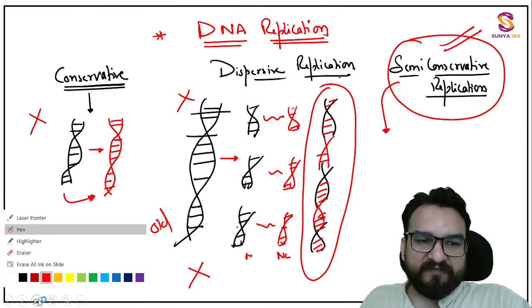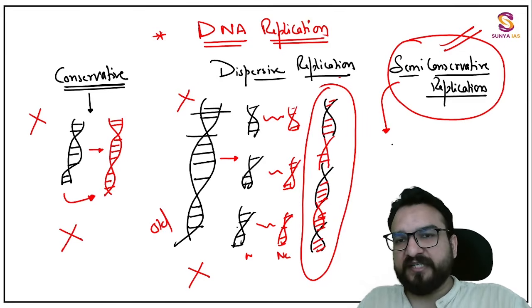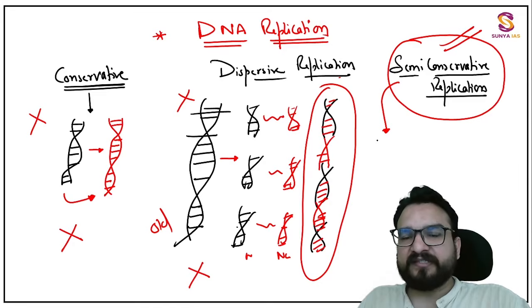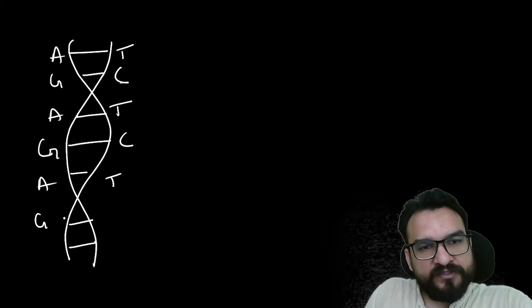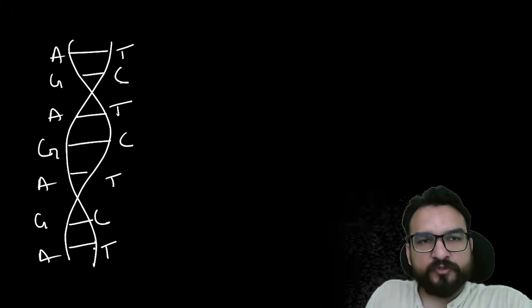What is semi-conservative? Let me explain. For example, this is your DNA over here. Semi-conservative, I am telling you. A, T, G, C, A, T, G, C, A, T, G, C, A, T. Suppose this is the model.